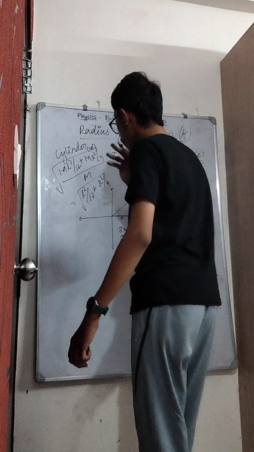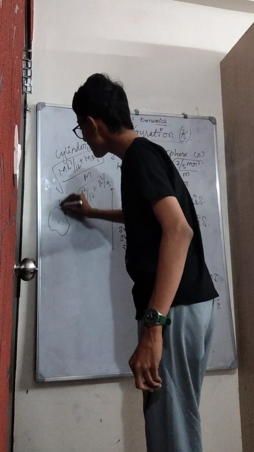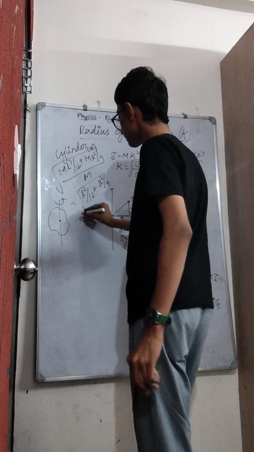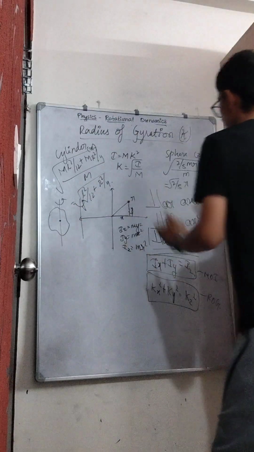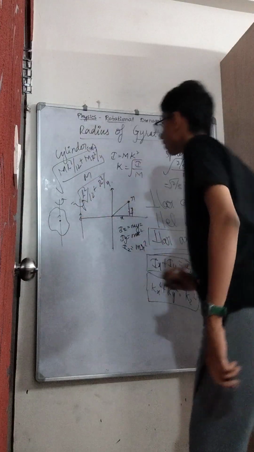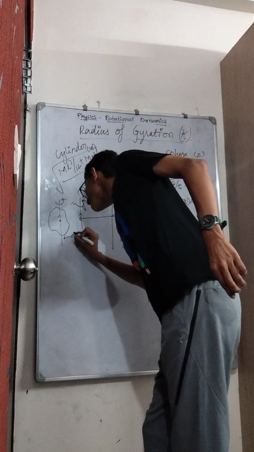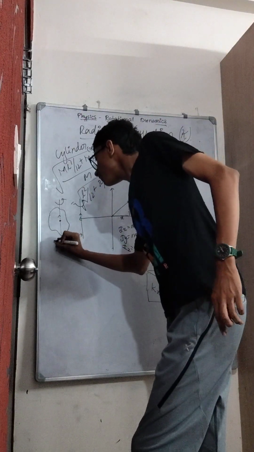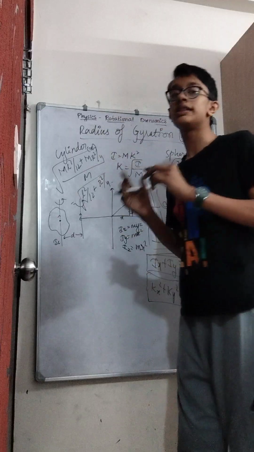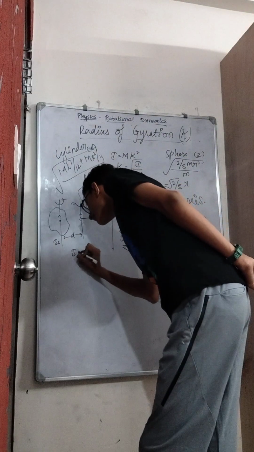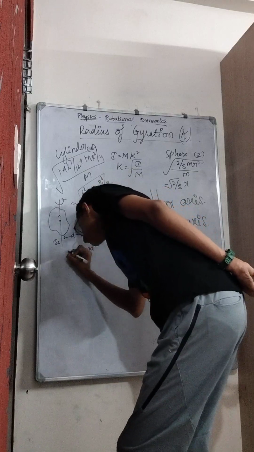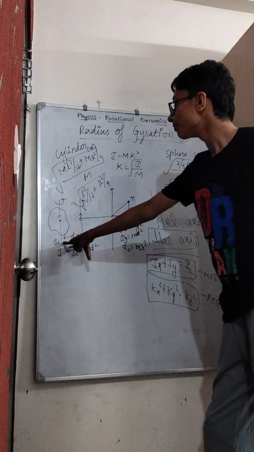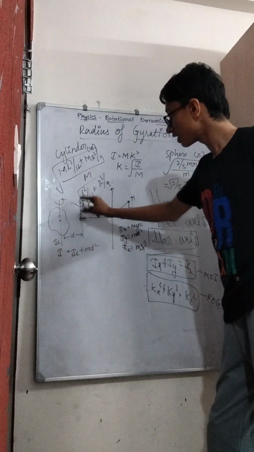The parallel axis theorem says, for example, my axis is here at the center, and I want to shift my axis parallel to the first axis. If the distance is d, and the moment of inertia at the center of mass is Ic, then the inertia here is Ic plus m d square.